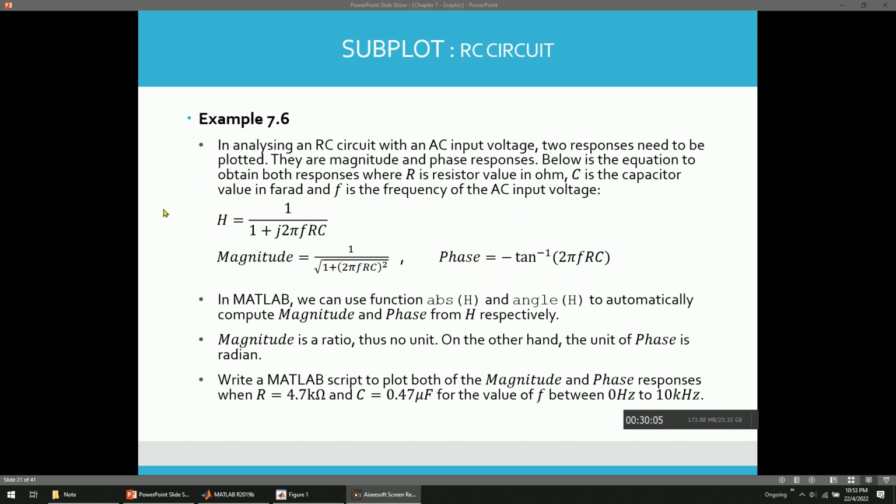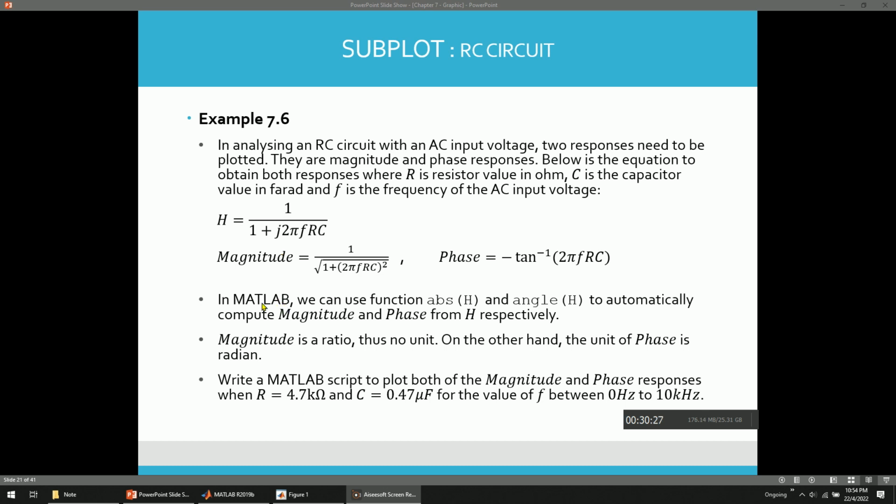In the exam, the equation will be given. You have the magnitude as 1 divided by the square root of this expression, and the phase as this one. The only change is the frequency. You only focus on the equation, no need to understand the theory for this course.